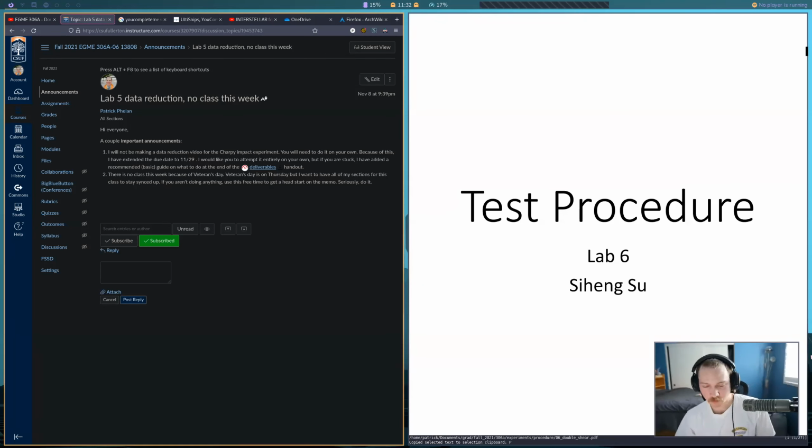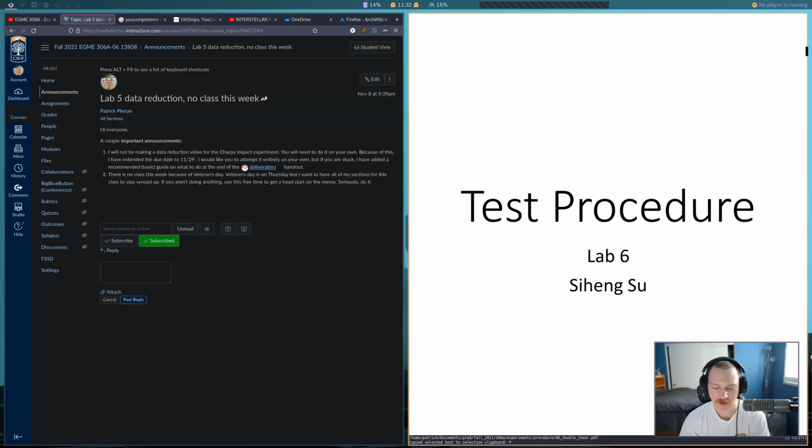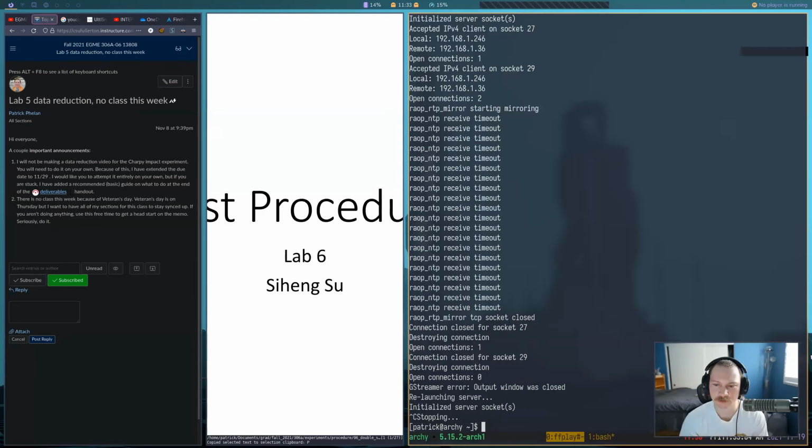So basically, once you start working on it, I want you to try to do it by yourself first, using your own method, and hopefully you can do it all by yourself using whatever coding method you're using. But if you can't figure it out, you can look at the deliverables handout. At the very end, I have a recommended attack plan for what to do.